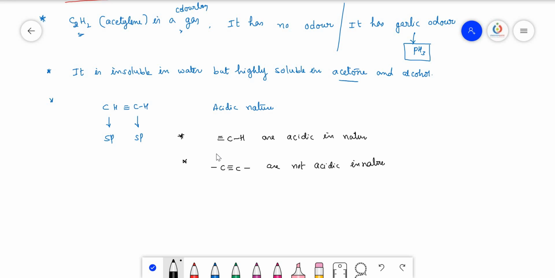The alkynes in which the triple bond CH is present are also called terminal alkynes. Terminal means the triple bond is present at the end of the molecule. And if a triple bond is present other than at the terminal position, they are called internal alkynes.